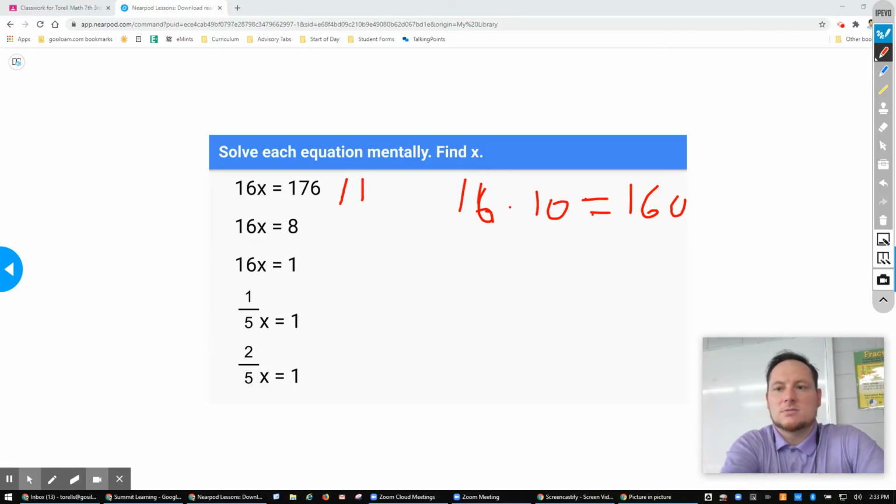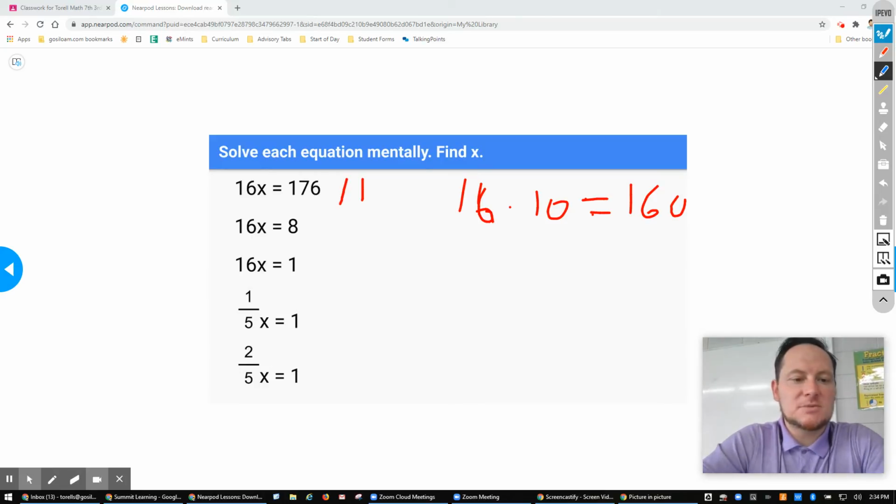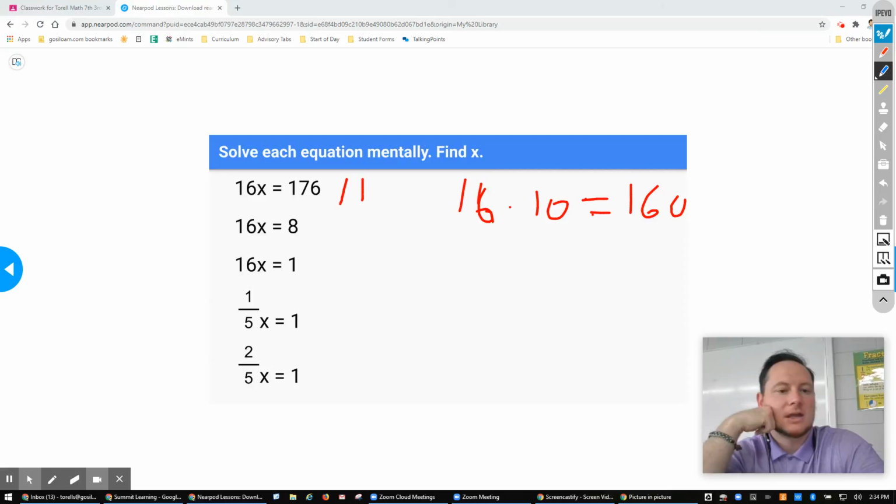So let's look at that next one. That one's a little bit trickier. So 16 times what equals 8? And a lot of people tend to want to go, well, it's 2. 16 times 2. And you're not totally incorrect, but it's not 16 times 2, because 16 times 2 gives you 32. So people look at that and they say, well, I need to divide by 2, right?